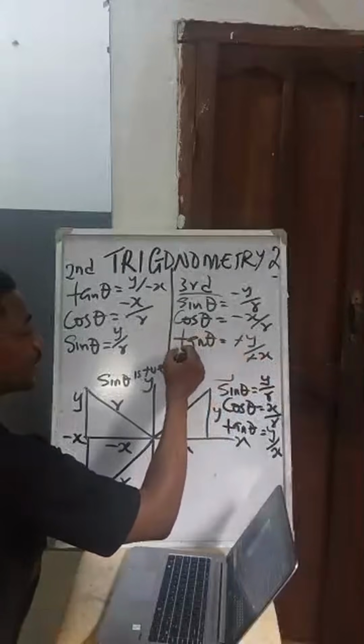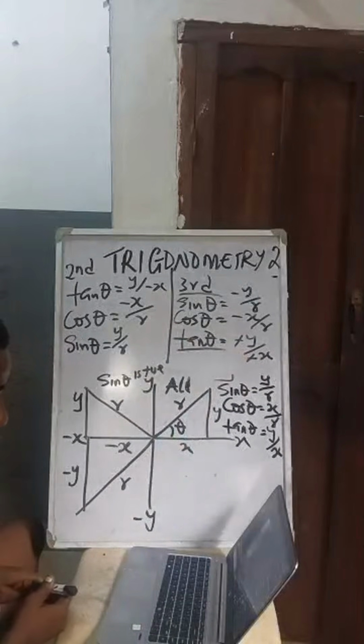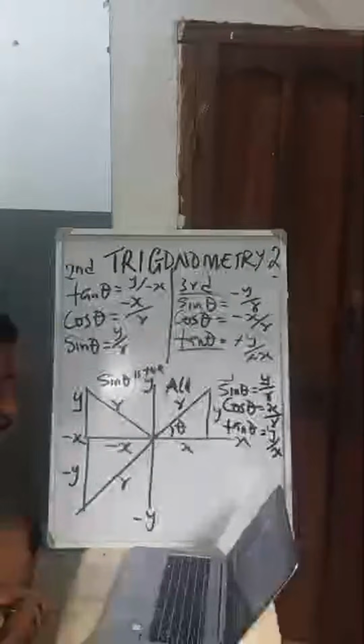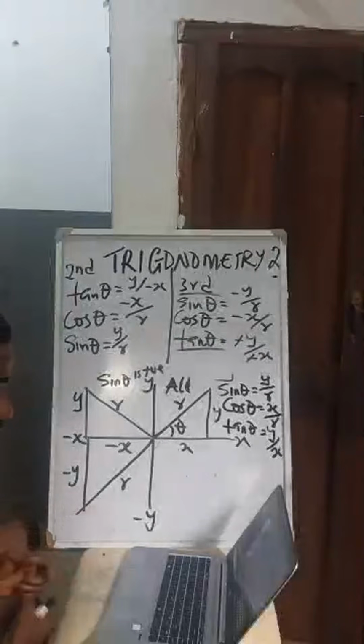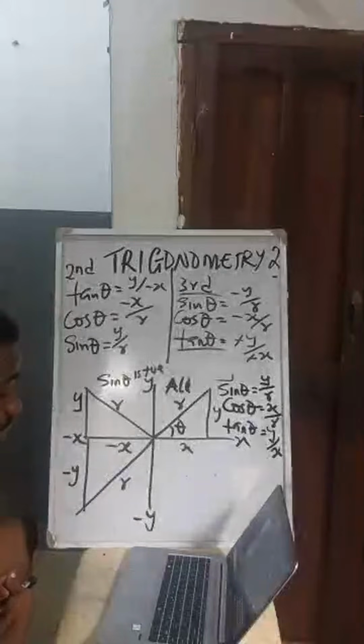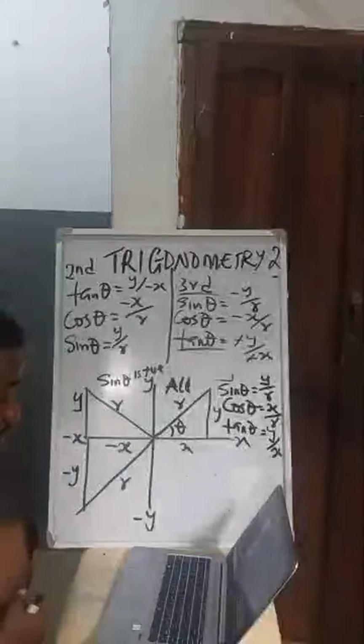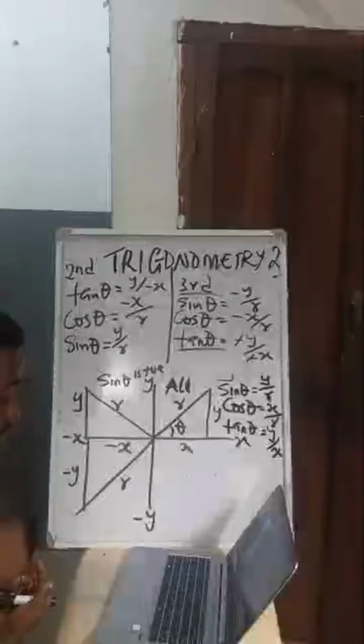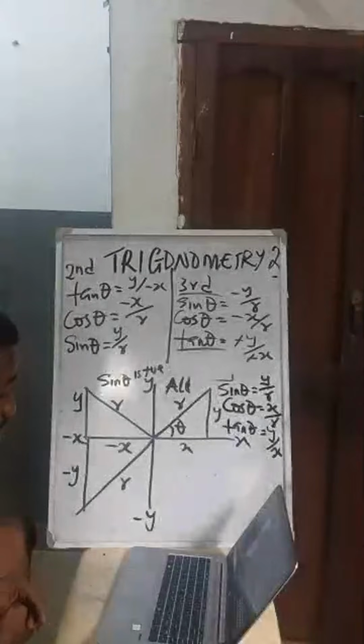So tan is positive. So in the third quadrant, only tan is positive. Have you seen it? Only tan is positive. All right.